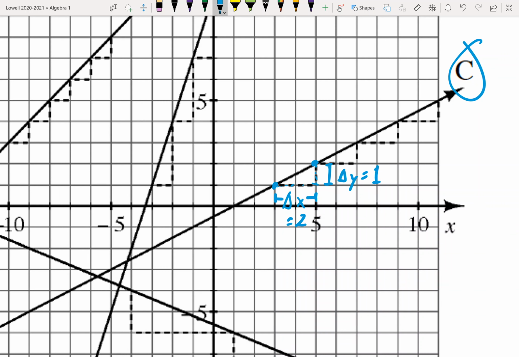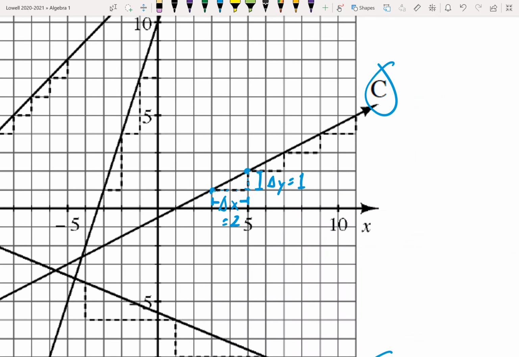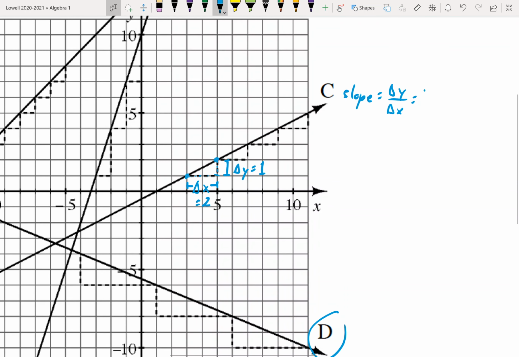We just went up 1. And so for line C, our slope, again, delta y over delta x, or rise over run, is just going to be 1 over 2, or 1/2. If you want to leave it as a decimal, you could also do 0.5, but we'll just leave it as 1 over 2.